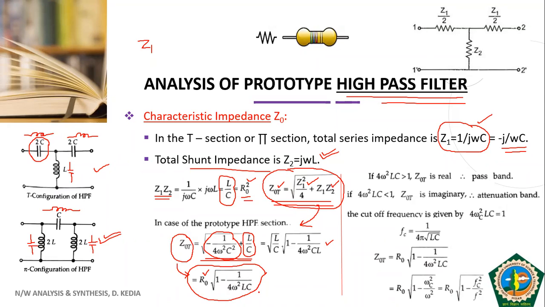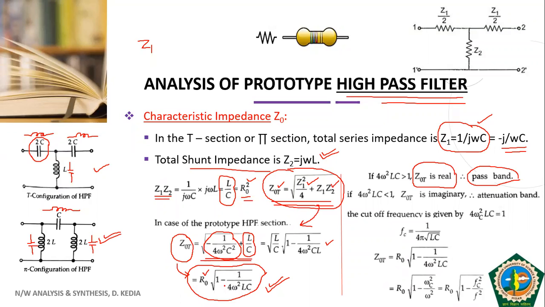Now if we move forward, as I told you, in case of the pass band, our characteristic impedance should be real. This will be real when the value inside the under root is positive.